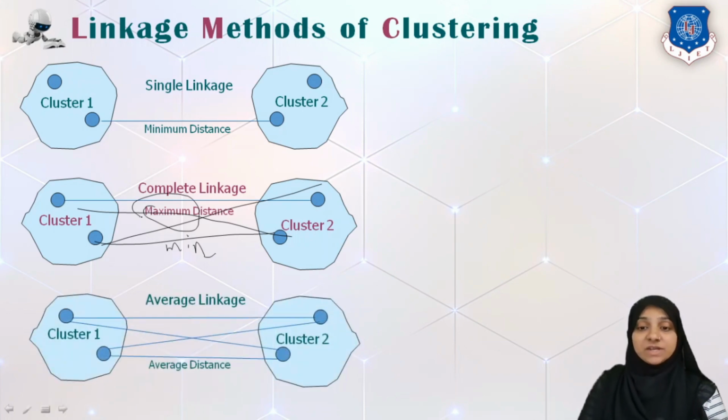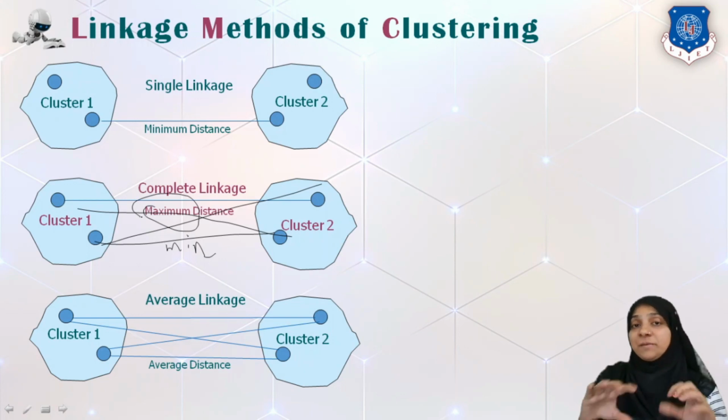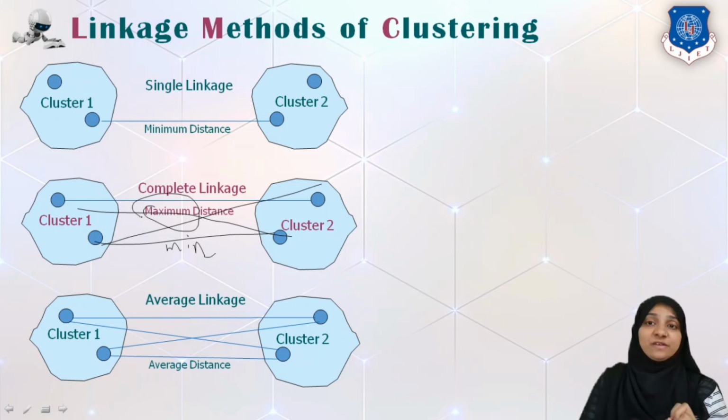We have another variation, called the average linkage algorithm. We calculate the distances between all possible pairs of data points of two different clusters and average out all the distances, and that kind of algorithm is called the average linkage algorithm. Of course, average linkage algorithms are quite complex and time consuming, and have more complexity as compared to single linkage and complete linkage algorithms.